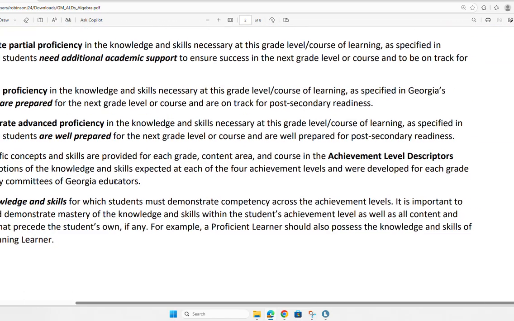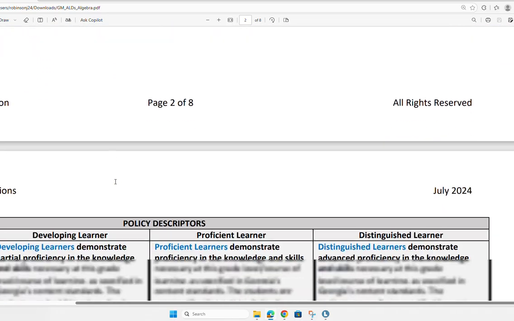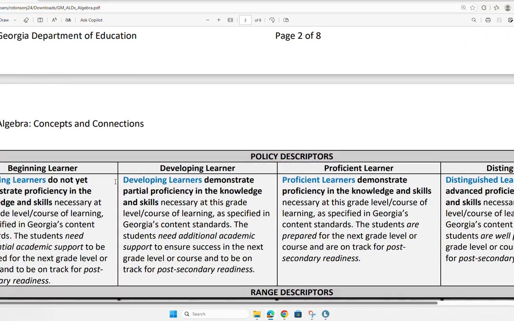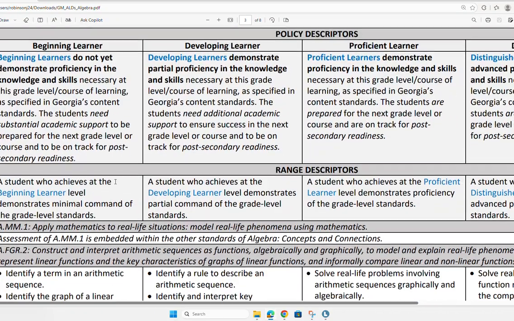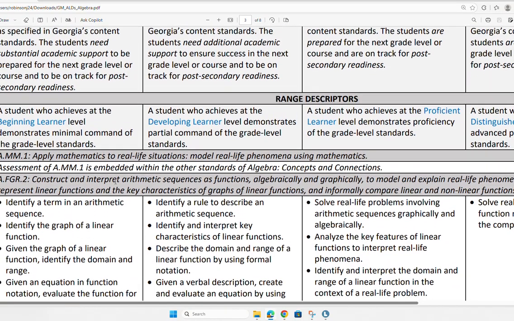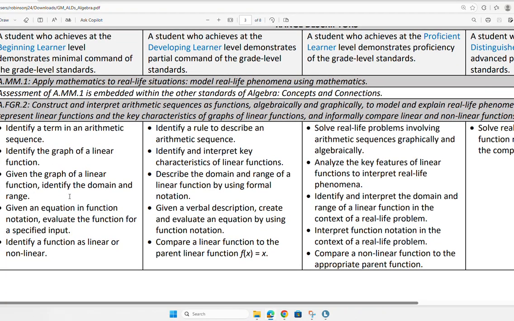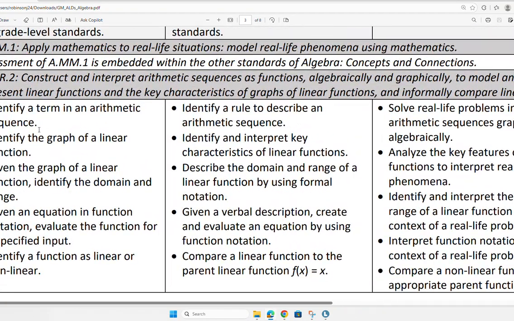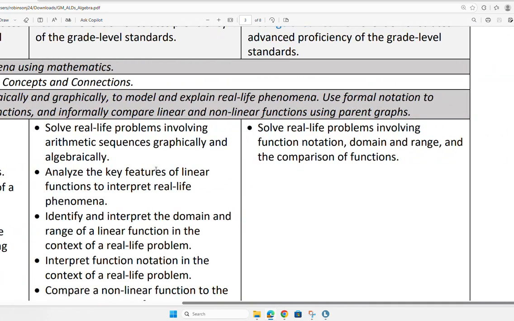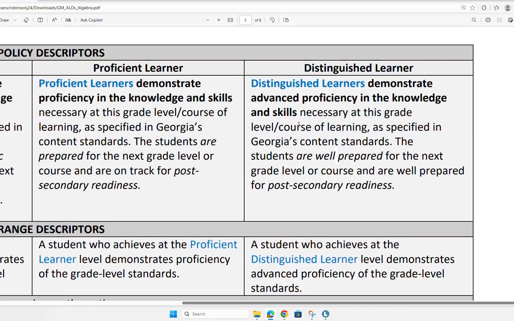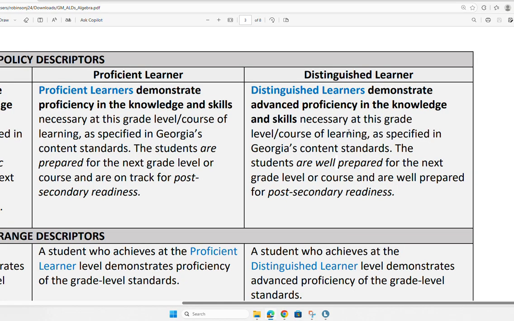So the questions and the notes that we take are not focused on the lower level beginning learner indicators. Like, I already expect that you know how to identify a term in an arithmetic sequence. I already expect that you know how to identify a graph of a linear function. So we are operating over here on this last column of distinguished learners.